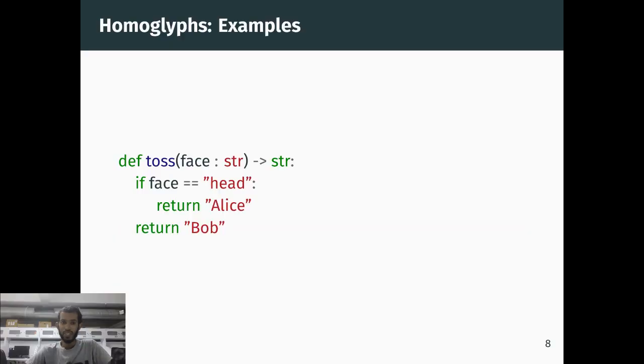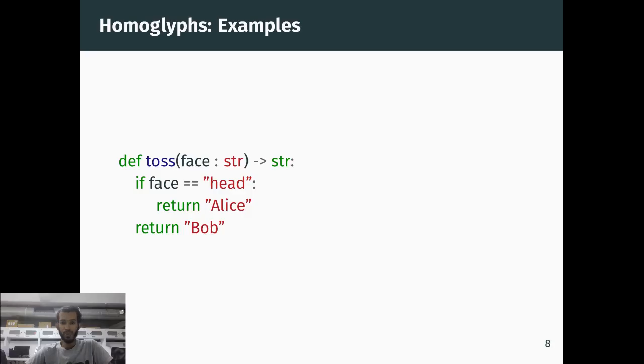Coming back to homoglyph examples, consider this example, a function toss, which determines the outcome of a coin toss. If the coin turns up a head, it is Alice's turn, and otherwise it is Bob's turn. That means if it is not a head, Bob will get the chance.